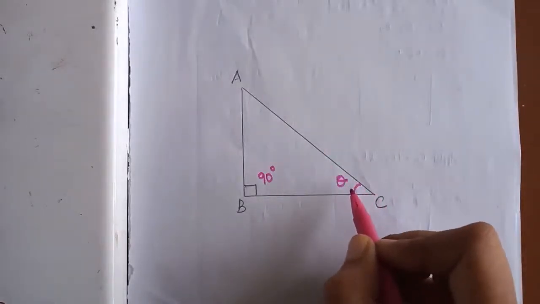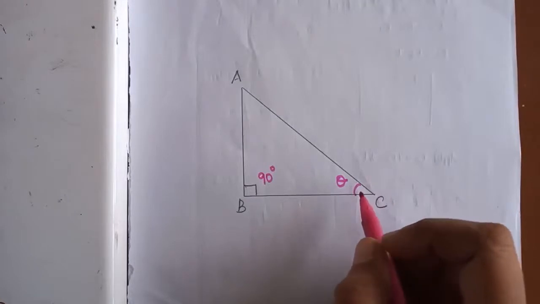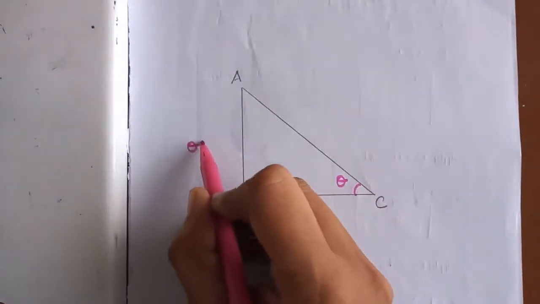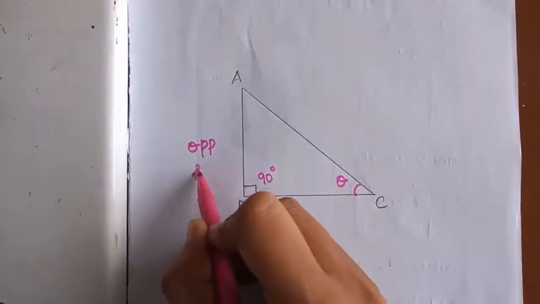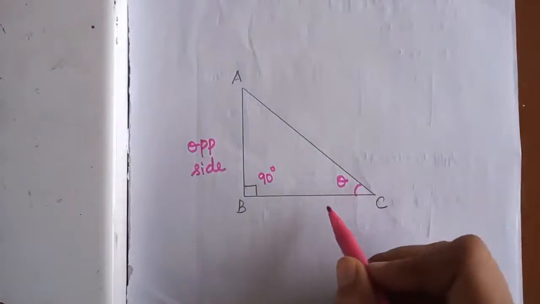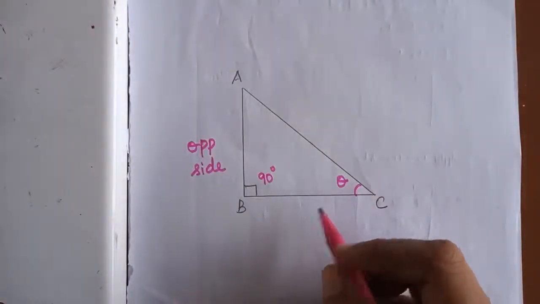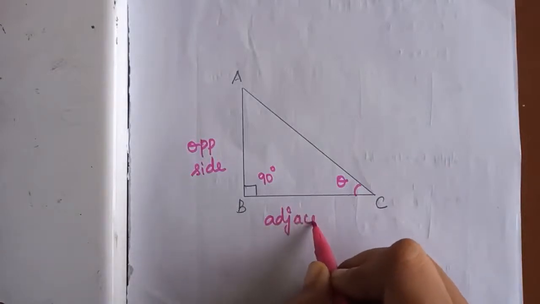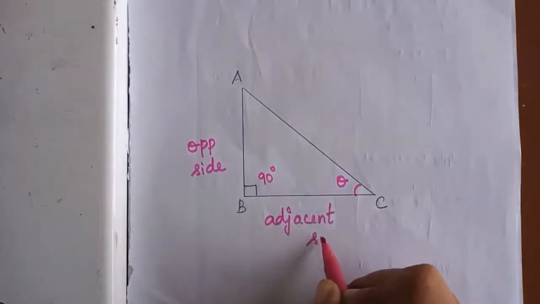We are taking theta. The side opposite to theta is called the opposite side of the triangle. Then this side is adjacent to theta, so it is the adjacent side of the triangle.